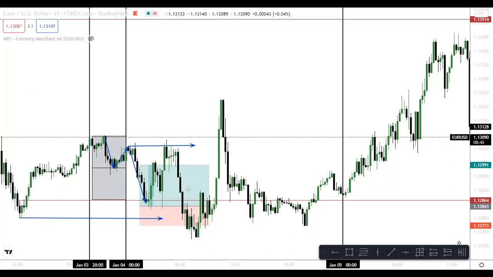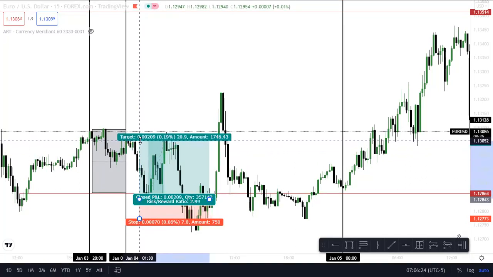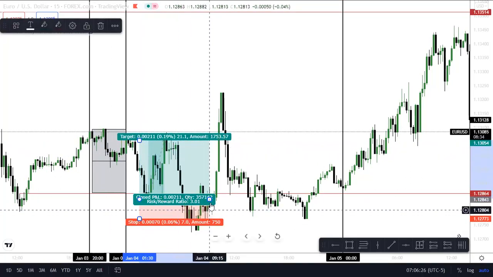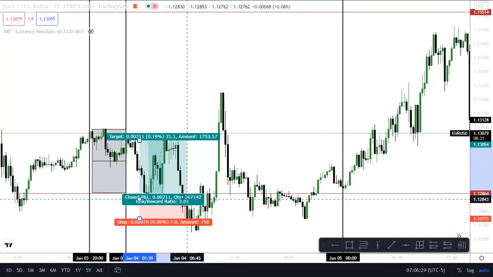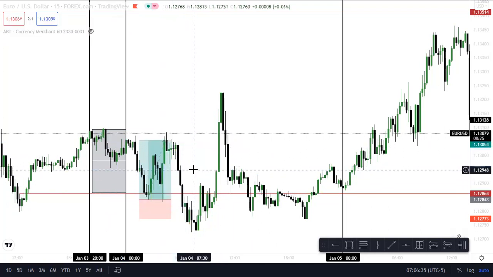Okay. So with that idea, let's clear all these arrows, and let's frame our trade plan exactly at that high. So before price actually does any of this, right?